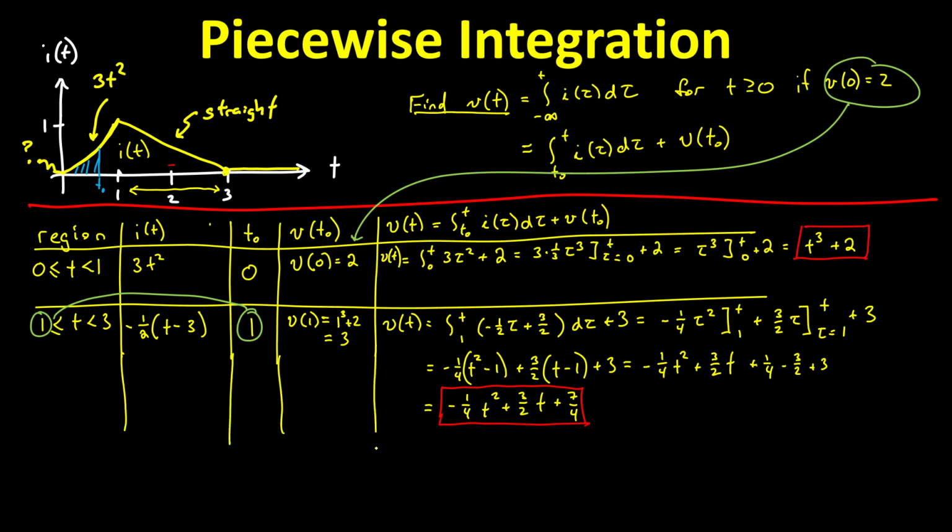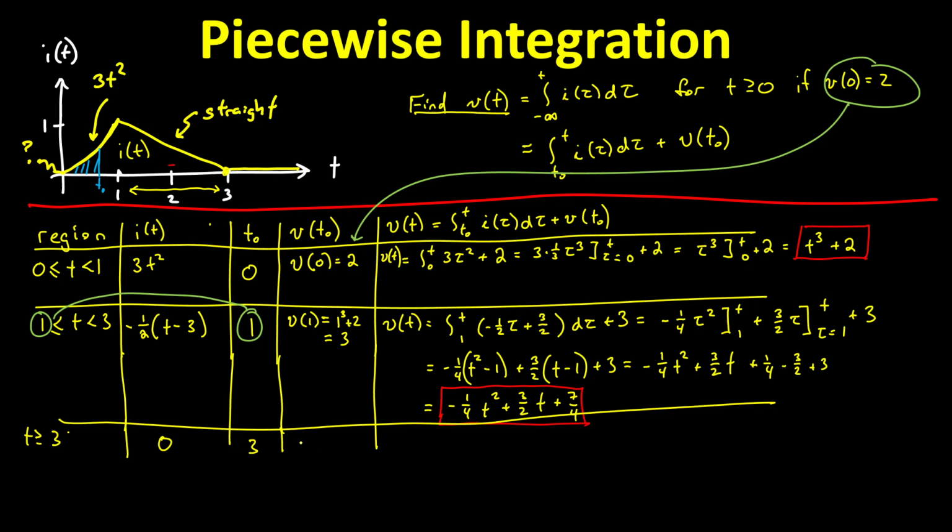Doesn't seem like we left much room for our last region of integration, but that's going to be our simplest. For t greater than or equal to 3, I of t in that region is 0. It's flat. Our initial time is going to be 3. Our initial voltage will be this evaluated at 3.